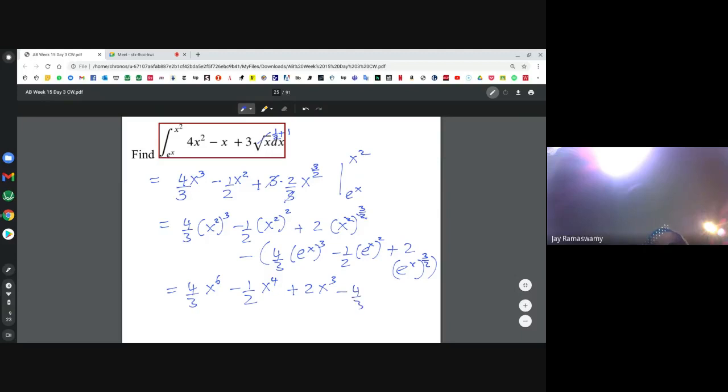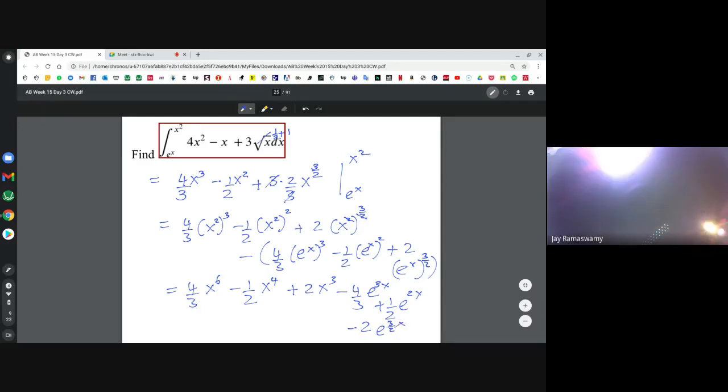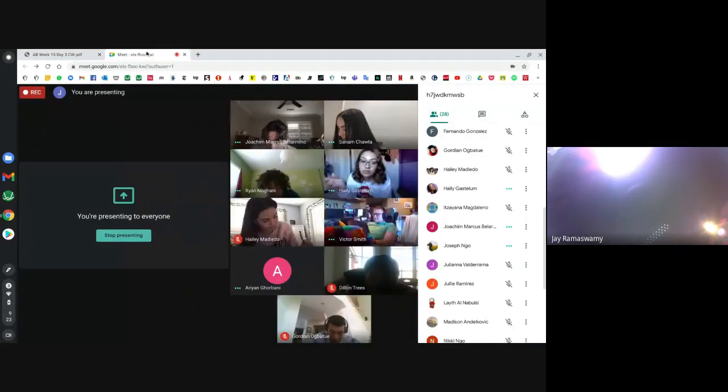Minus 4/3 e to the power of, is that x cubed or 3x? 3x. Plus 1/2 e to the power of 2x. And finally, minus 2 e to the power of 3 halves x. Very good. Guys, this was a definite integral, so do not write plus c. Definite integrals, you do not write plus c.